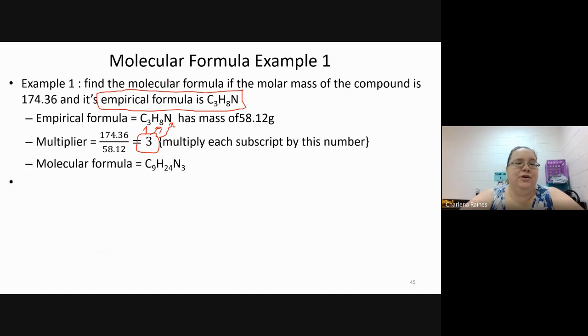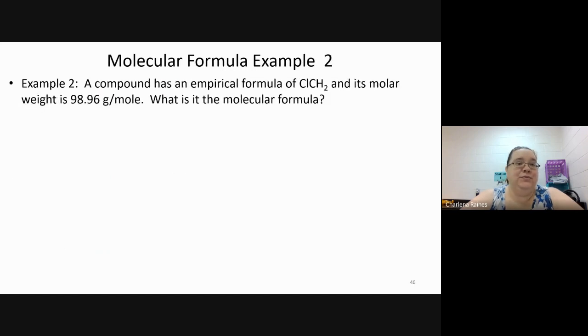So you guys try number 2. Empirical formula of Cl, that's an L, not an I, ClCH2. So we're given the molar mass in the problem, and we need the empirical mass to get from the empirical formula to the molecular formula.